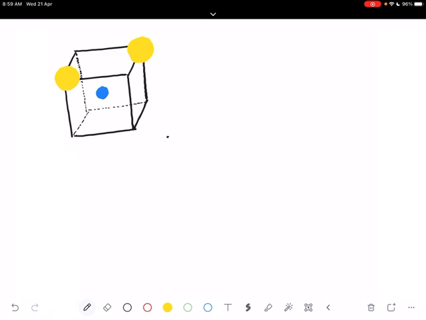Diagonally opposite corners. And down here, one ball, yellow, and here one ball.